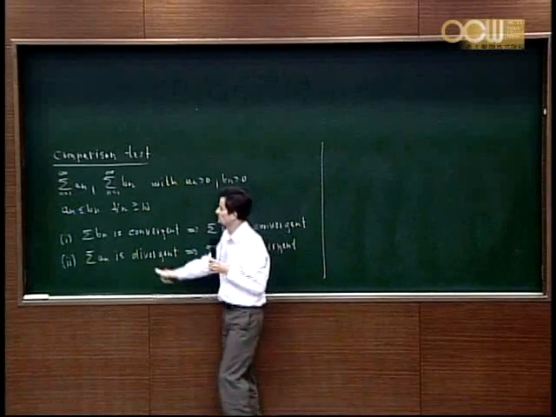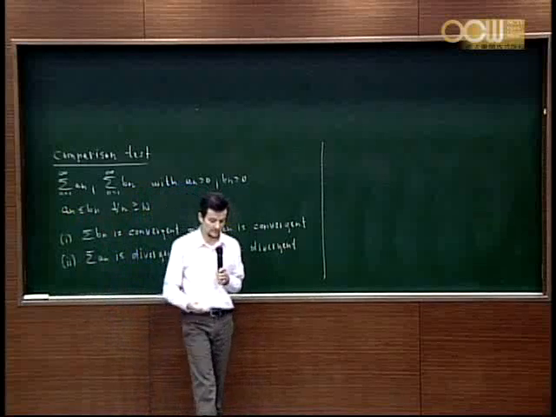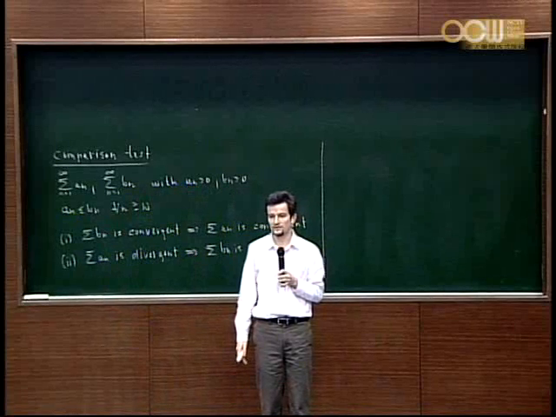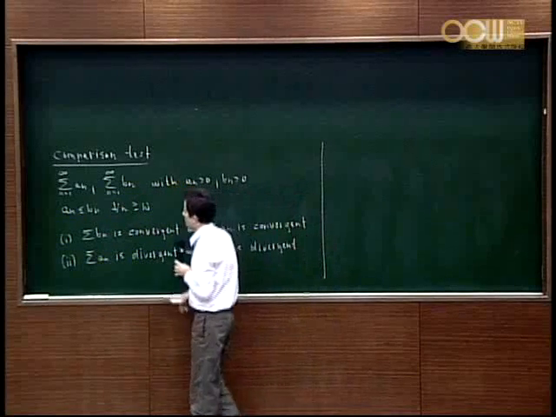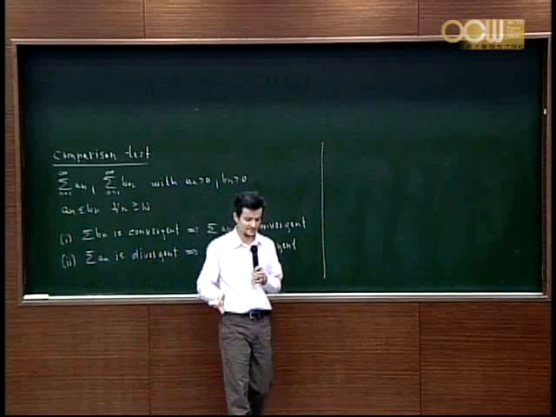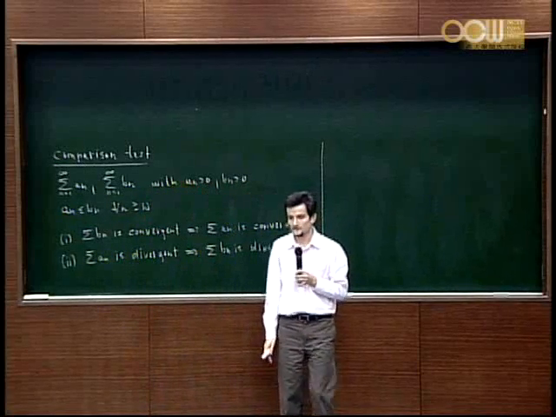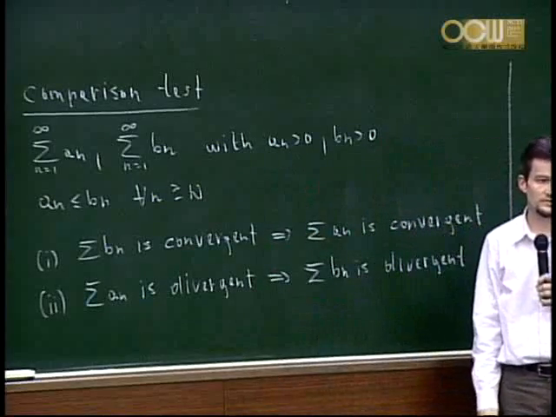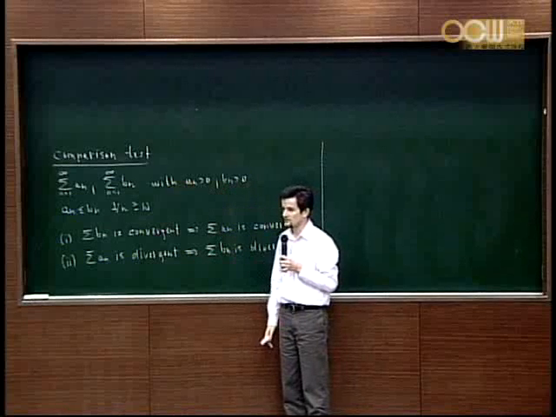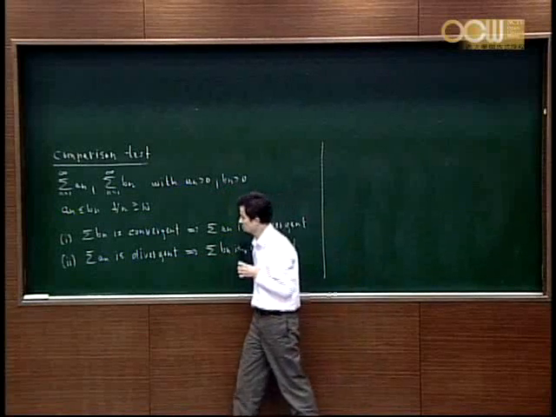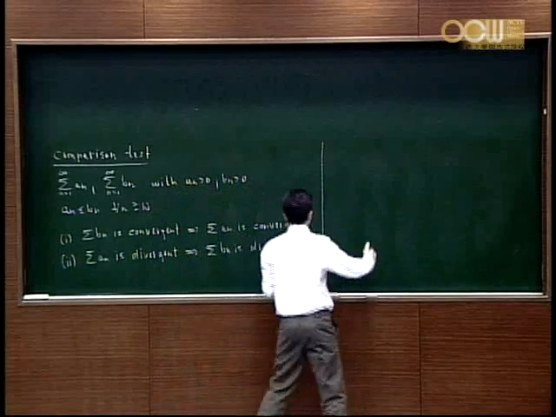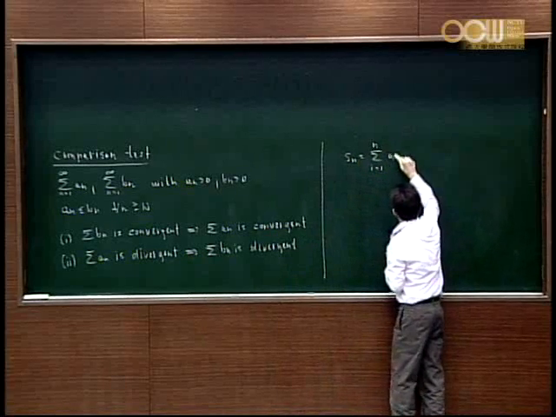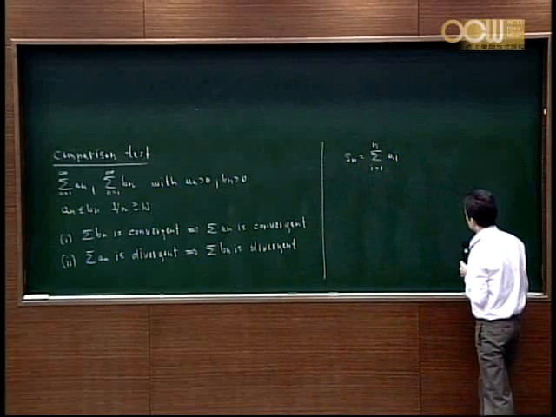So this is essential, and maybe just to remind you, what is the reason for this assumption? Whenever we talk about series and want to understand whether the series is convergent or not, what we essentially want to understand is whether, if we sum up the first n terms, this sequence of partial sums is converging or not. Now, if the terms are all positive, then the situation is much easier, namely, in this case, the partial sums Sn form an increasing sequence.